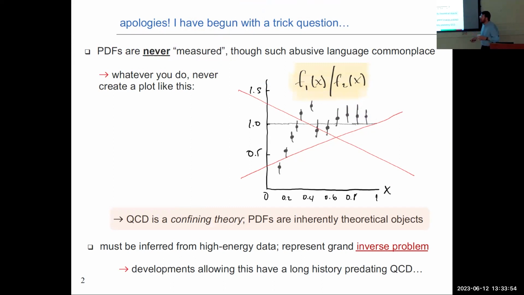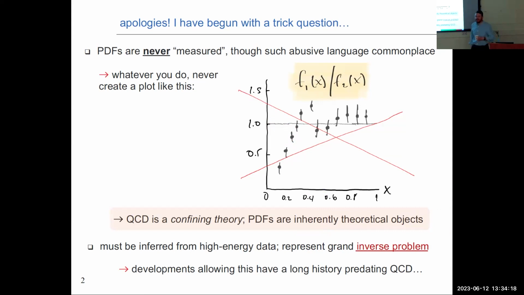They're never measured. And the fact that they're never measured is intimately tied up with the fact that we have confinement in nature. You never actually observe quarks. And so the PDFs are essentially theoretical objects, right? They're somehow inferred from data, or perhaps in better words, they're extracted essentially in a grand inverse problem. Essentially, that's what this gentleman was just saying.